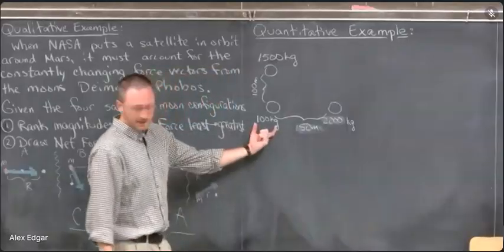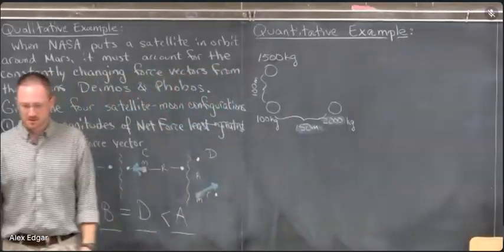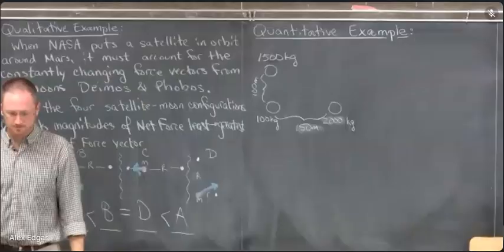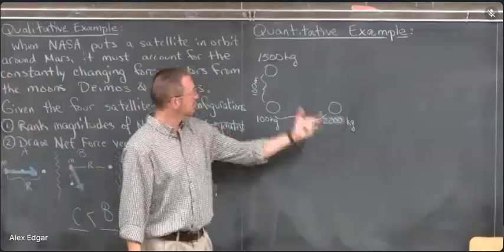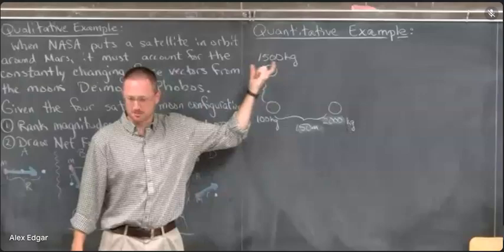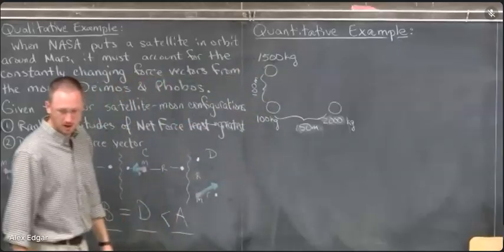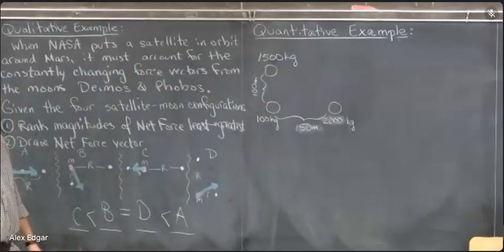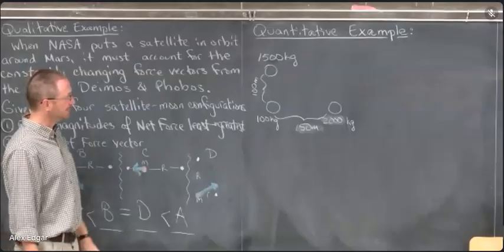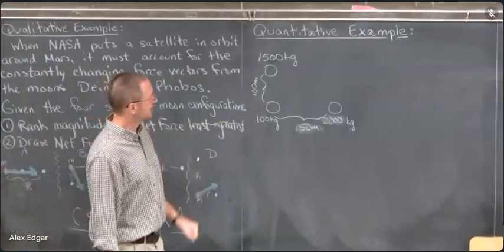Let's have a 100-kilogram satellite, and then a 2,000-kilogram satellite, and a 1,500-kilogram satellite. And we have two distances between them, 150 meters to the right and 100 meters up. Let's calculate the net force on the 100-kilogram satellite.